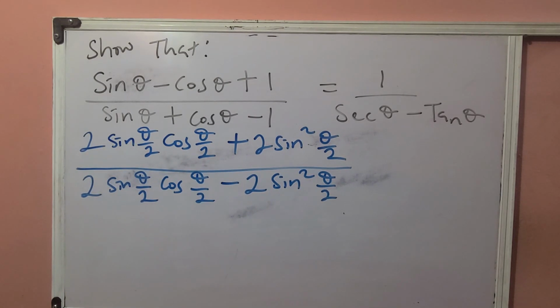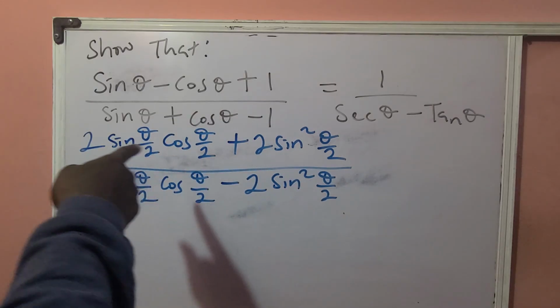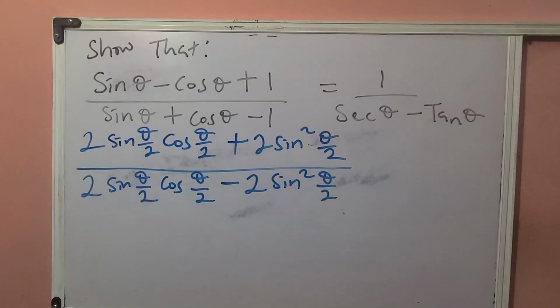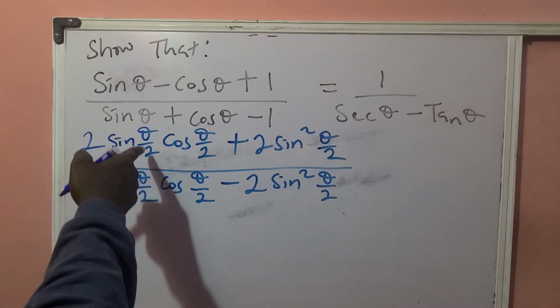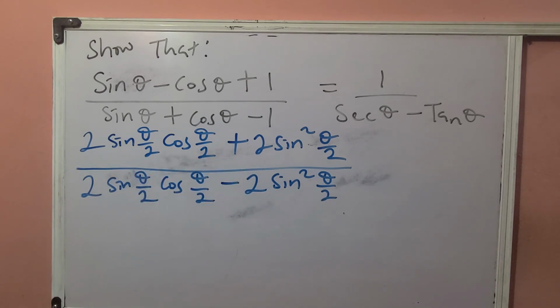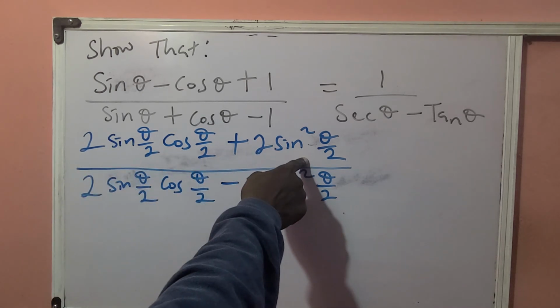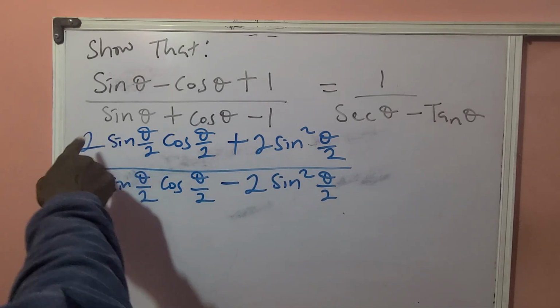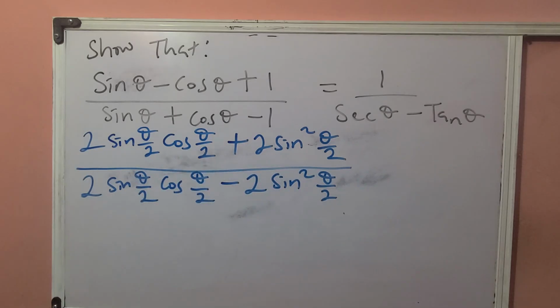So earlier I told you I was going to explain why we decided to use the third version of cos theta. You can see the reason why: from here, I can factorize sine theta over 2 out, because sine theta over 2 is on this side and on this side. So the factor 2 sine theta over 2 is present in both of them.